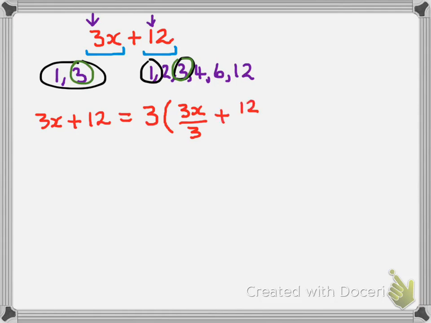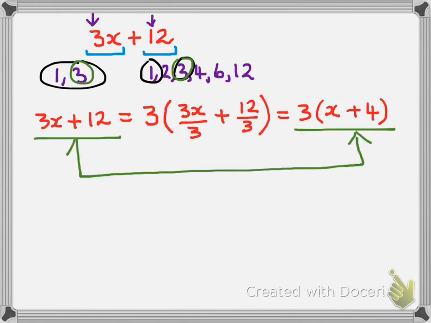And we will also divide 12, which is the other term in the expression, by 3. If we simplify these divisions, we will obtain 3 multiplied by x plus 4, because 3x divided by 3 is x, and 12 divided by 3 is 4. That means that 3x plus 12 is the same thing as 3 multiplied by x plus 4.